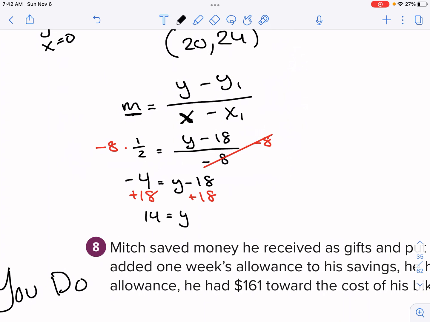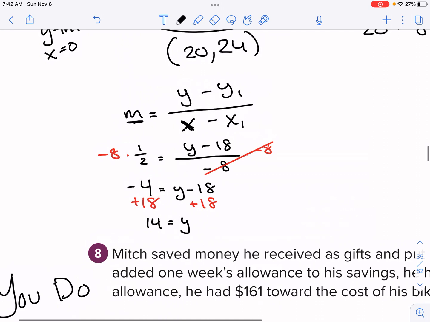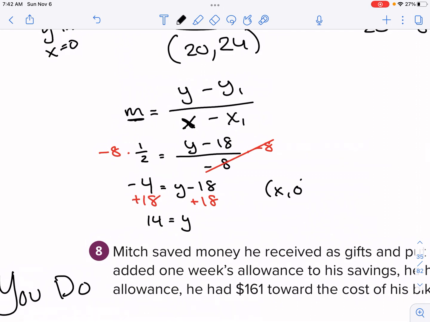So y represents dollars. This is saying that when you begin, you have to spend $14 to enter this amusement park. So it's going to put that here. This is going to be as a coordinate though, right? It's always x comma y. We said that x is 0 and y we just found is 14. So that's how you write this.